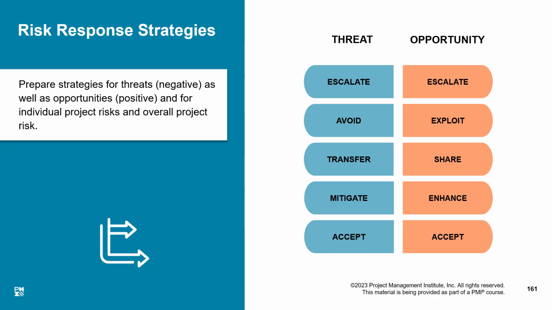Acceptance is that without any intimation, we can engage with that part. For opportunities, naturally, after escalation, if you can't escalate it, then you exploit it because it's a positive risk. You should share it with your team members and enhance the functionality.